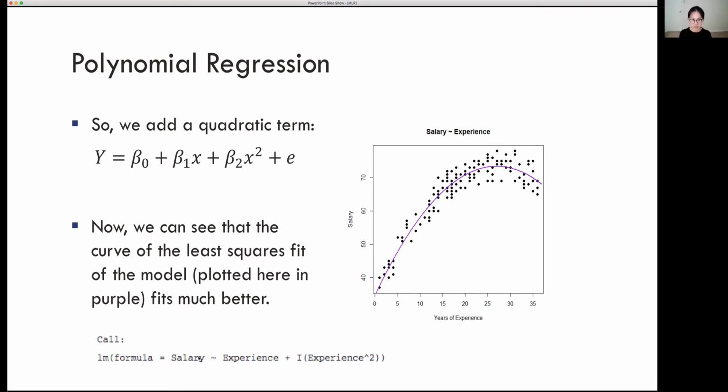And this is how you put it in R. When you fit the model, you have to put the letter I with brackets, and then put your variable to the power of 2 to get this x squared into your model. And we plotted our polynomial regression line here as a purple line, and this one fits much better to the data.